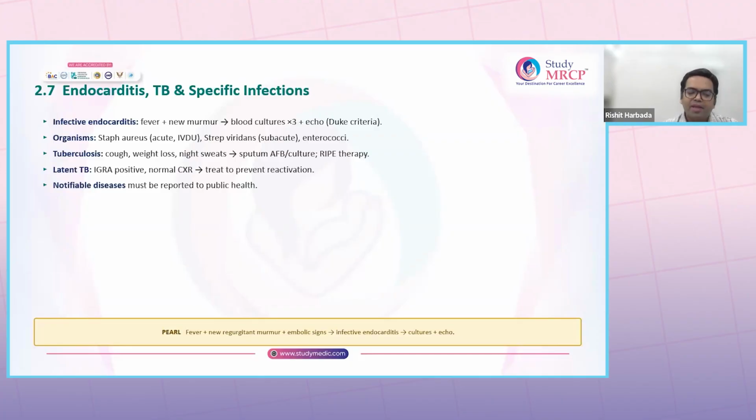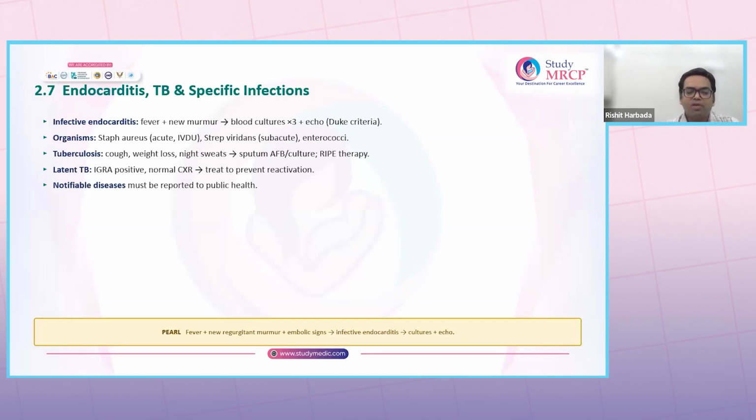Okay. Subacute, usually it is over a few weeks. That is most commonly by Streptococcus viridans or Enterococcus. Usually seen in patients who have a prosthetic heart valve or who have poor dental hygiene, etc., which is very, very common.